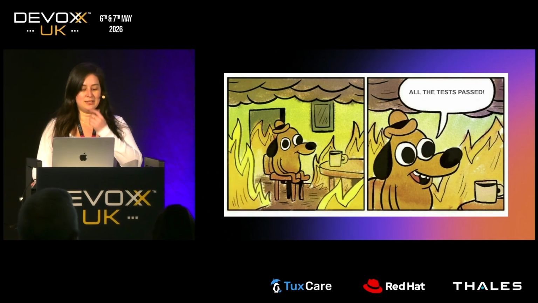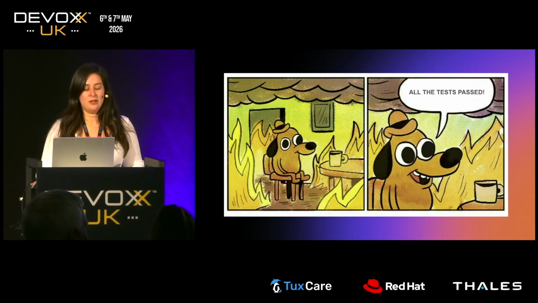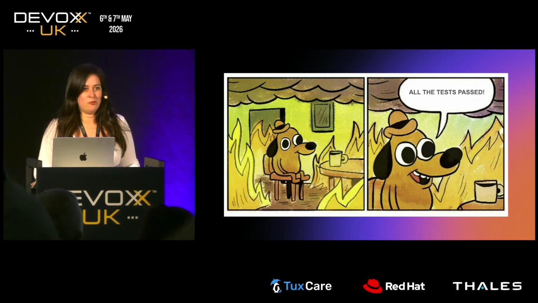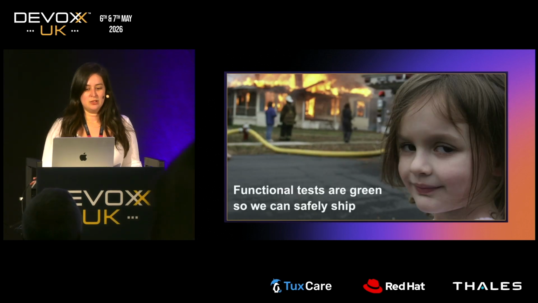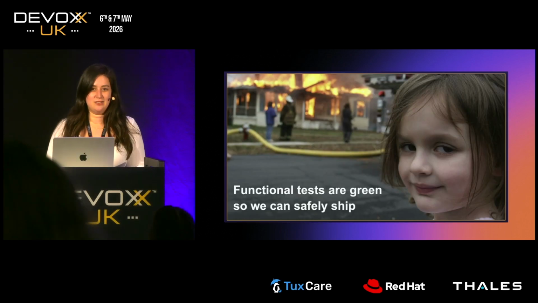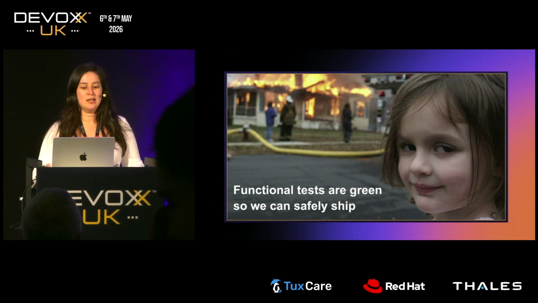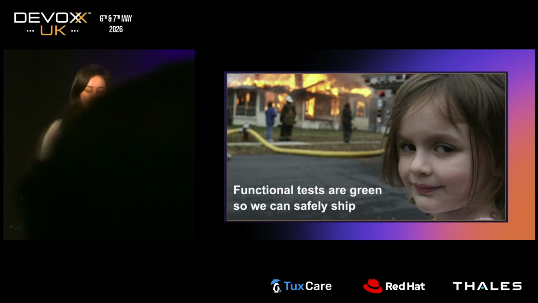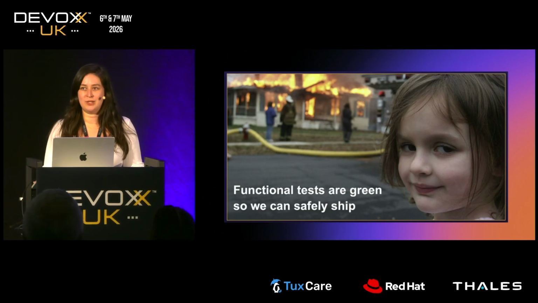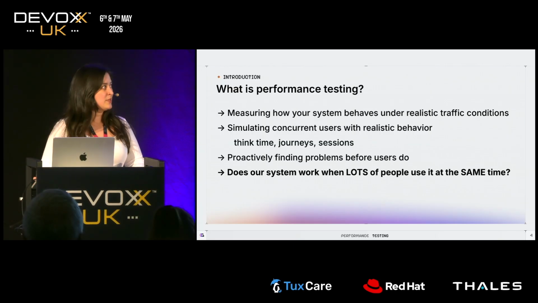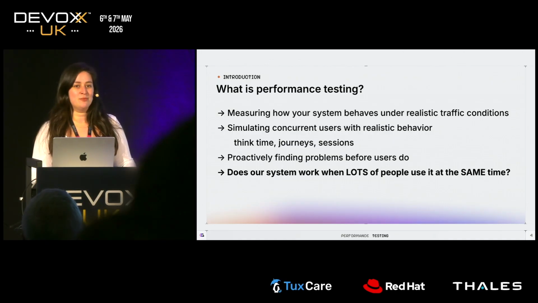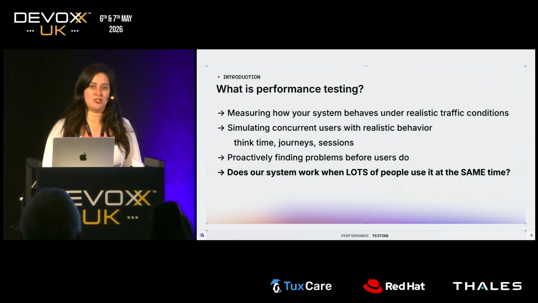So, what is performance testing anyway? First, it might be easier to cover what performance testing is not. It's not functional testing. It's not unit tests or end-to-end tests. Those tell you if the code is working, for example, checking to see if the button does what it's supposed to when the user clicks it. Performance testing is more about how the system behaves under realistic traffic conditions.